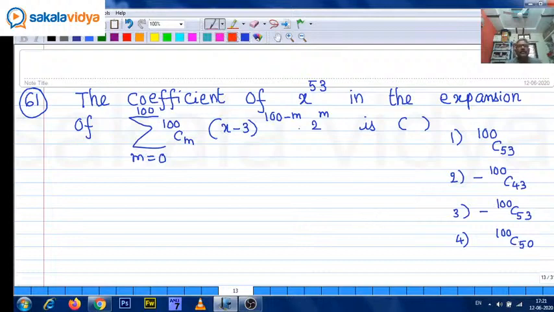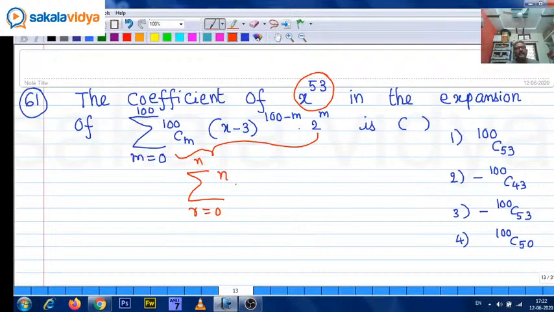The coefficient of x to the power of 53 in this expansion we need to find out. From the binomial theorem we know that the sum over r equal to 0 to n of nCr x to the power of (n minus r) a to the power of r is nothing but (x plus a) to the power of n.